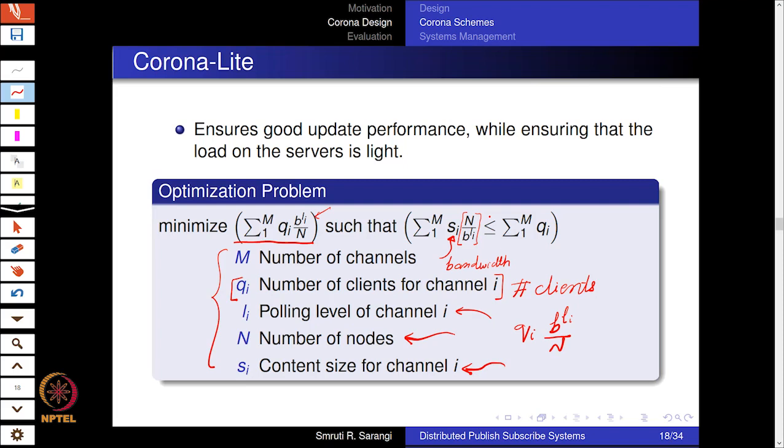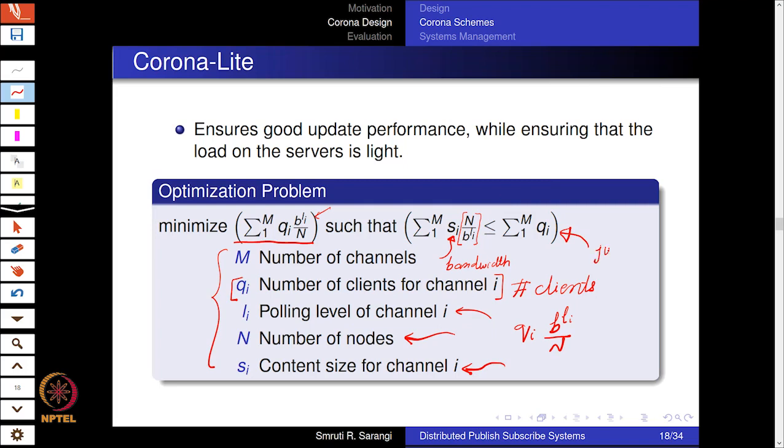So we keep this as a constraint, that the normalized content size multiplied with the size of the wedges, the sum of that across the channels, should be less than or equal to the total number of clients for all the channels, which from a common sense point of view also makes sense, because this justifies Corona.